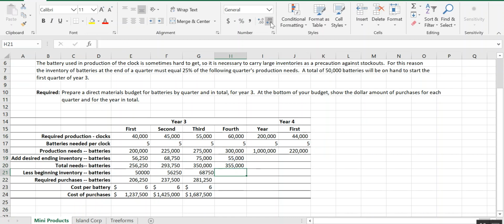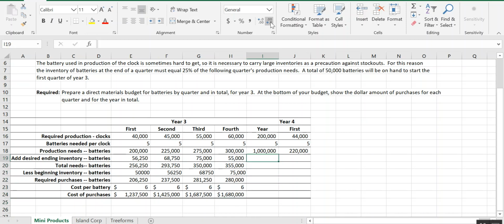We have 355, and then we subtract out the 75,000 that was the beginning inventory for the fourth quarter, the ending inventory for the third quarter. So we wind up with a need to purchase 280,000 batteries. So we take the $6 times 280,000 and we get 1,680,000.